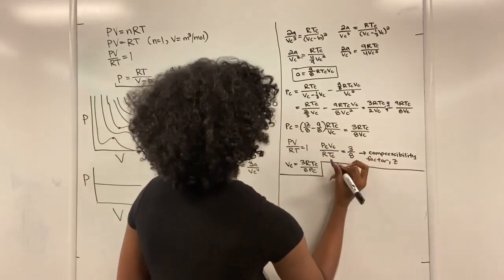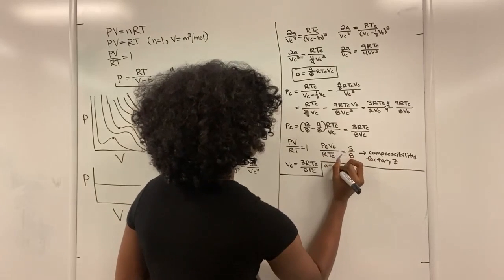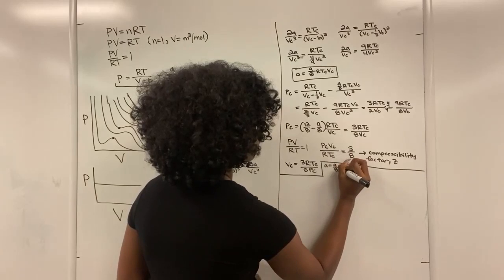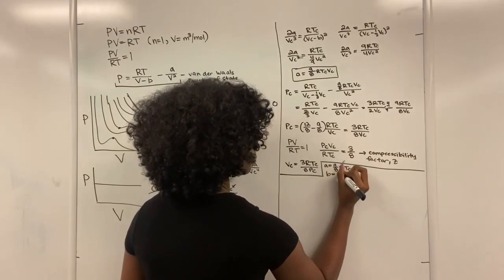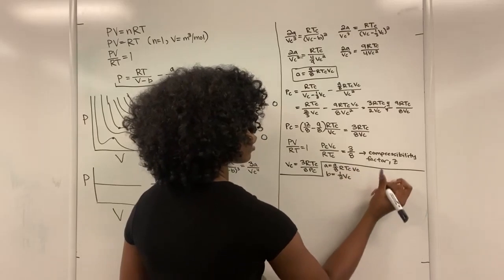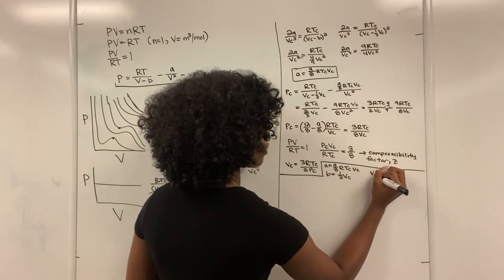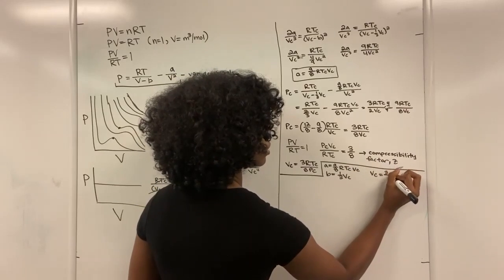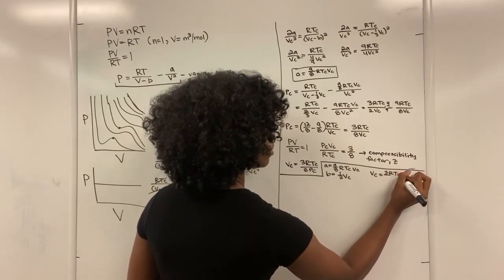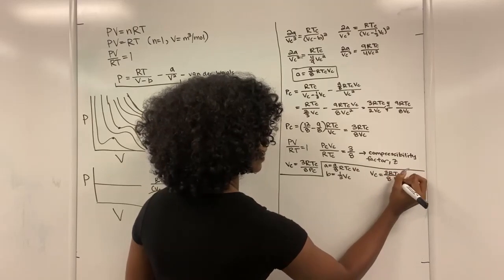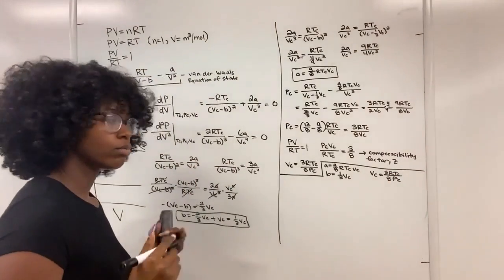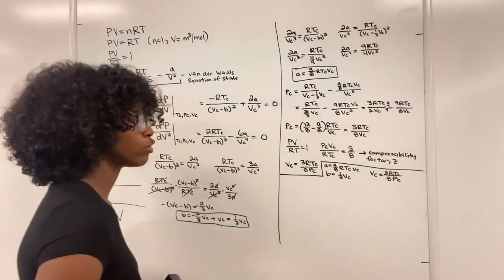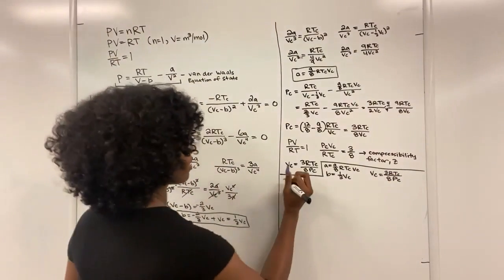We know that A is equal to 9/8 R times the critical temperature times the critical volume, B is equal to 1/3 of the critical volume, and the critical volume is equal to 3R times the critical temperature divided by 8 times the critical pressure. So we can input our critical volume into our A and B terms.